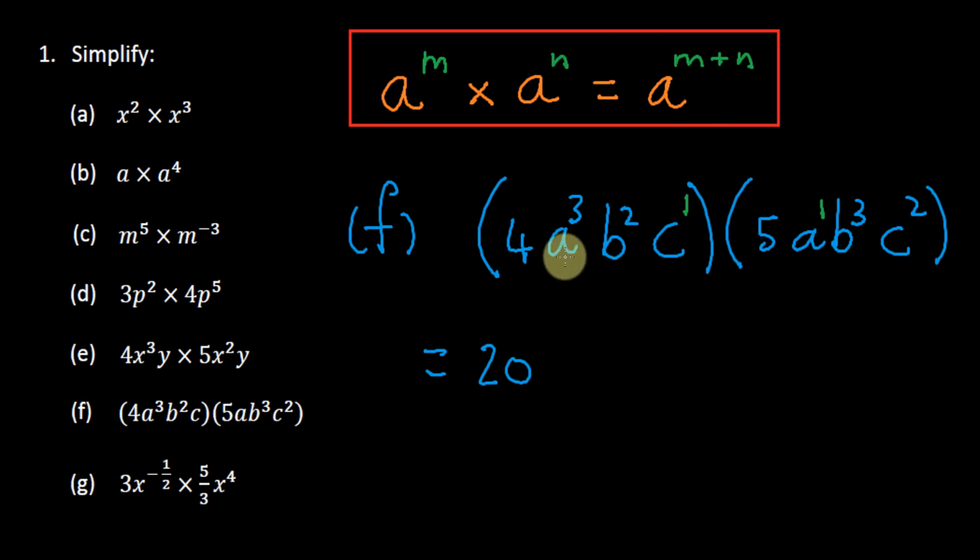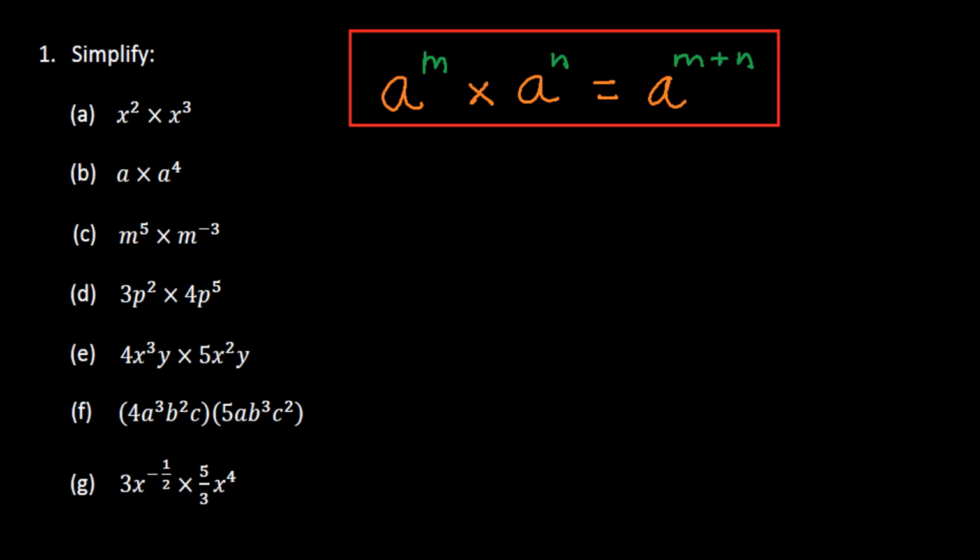So when we multiply the a's, we can add the powers. So a to the power 3 plus 1, so 4. We add the powers of the b's when we multiply. So it's b to the power of 2 times b cubed will give us b to the power 5. And adding the powers of the c's, 1 plus 2 is 3.